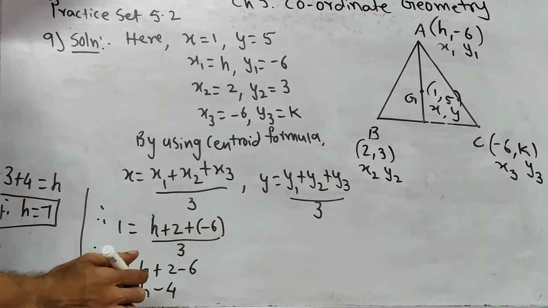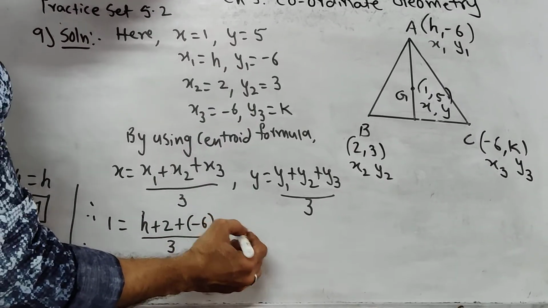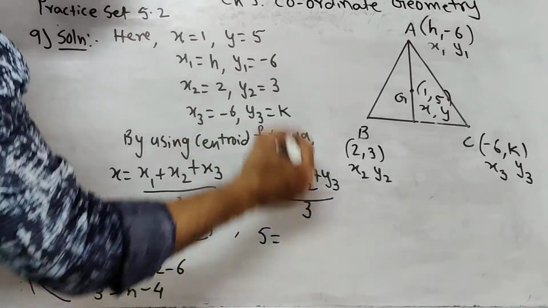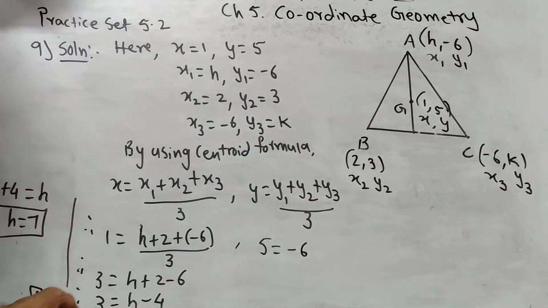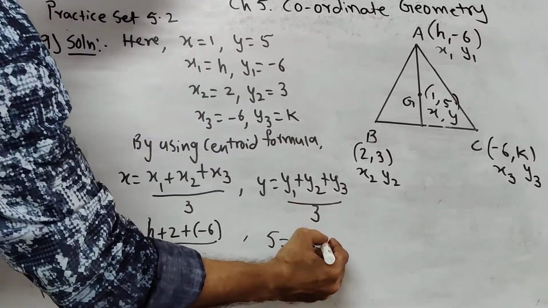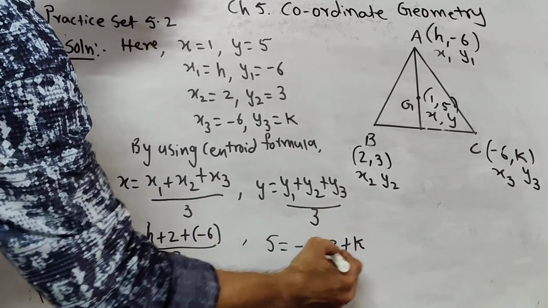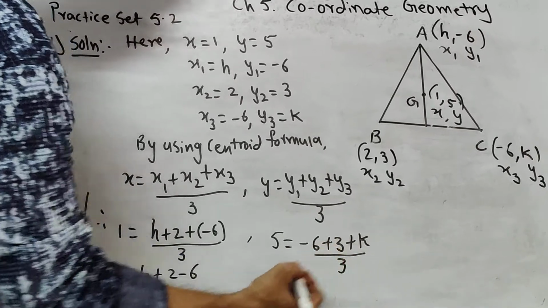Now here we want k. So y is 5. y1 is minus 6, y2 is 3. And y3 is k, upon 3. 3 will come up.